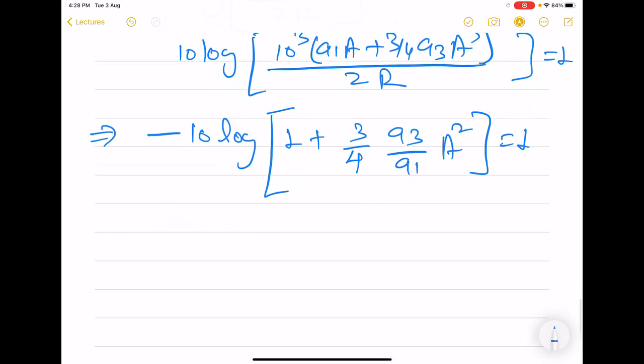Now if you solve this for the input A, input A square will turn out to be 0.145 A1 by A3.